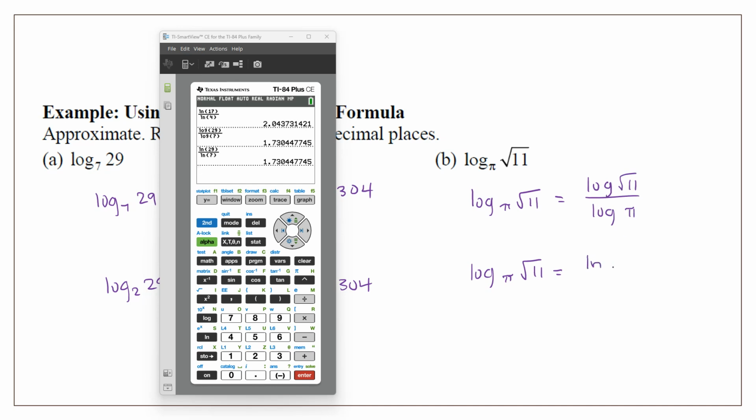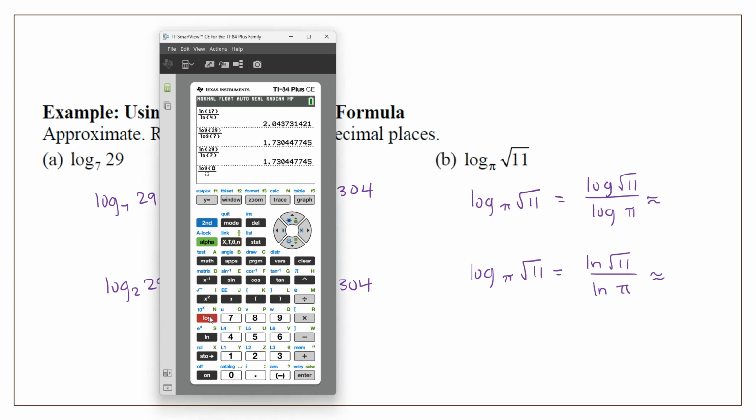And then we'll have the natural log of the square root of 11 divided by the natural log of pi. And we'll get approximated values. So let's enter those into our calculator.